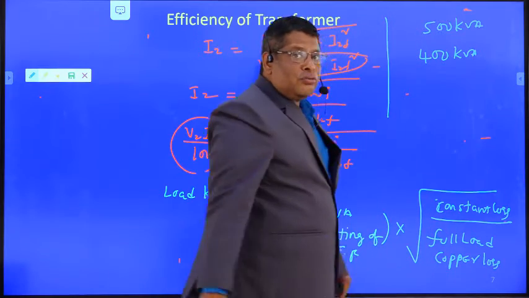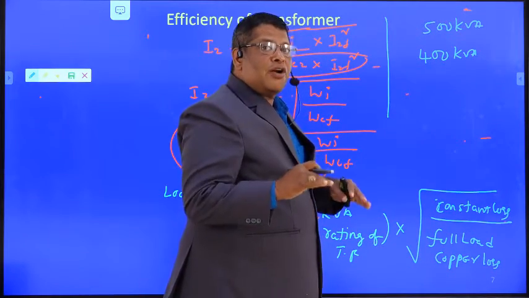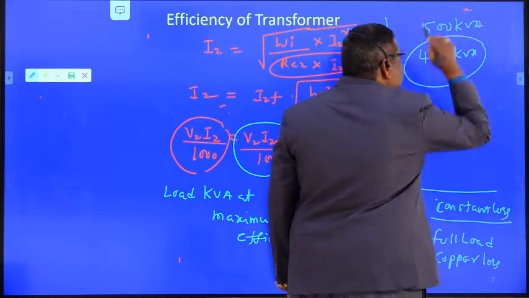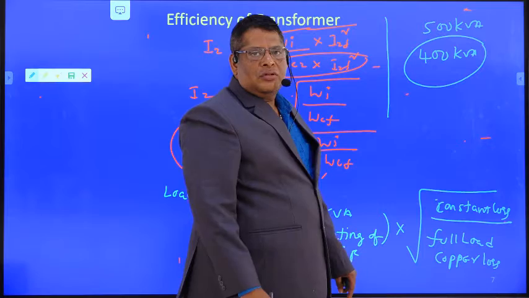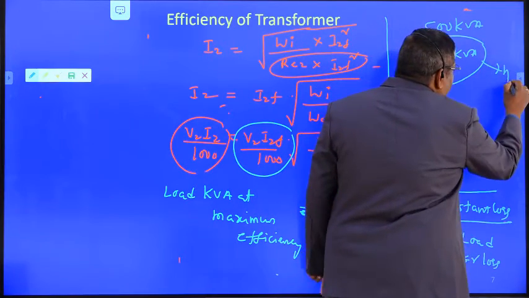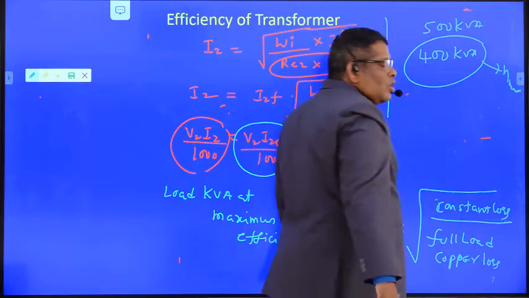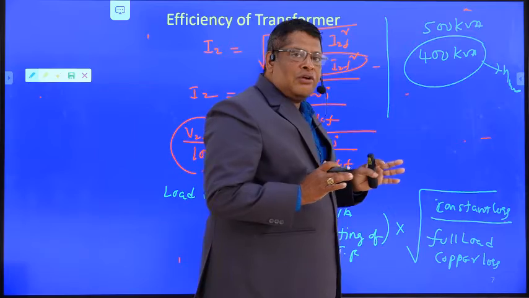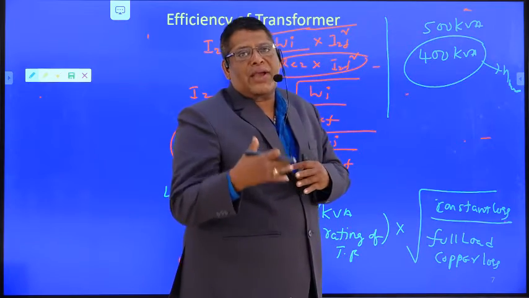Now what we have to do? We are always trying to put a load on a transformer around this value, because the transformer is giving the maximum efficiency at this value. So whenever you are applying the load around this value, the transformer is always giving the maximum efficiency.